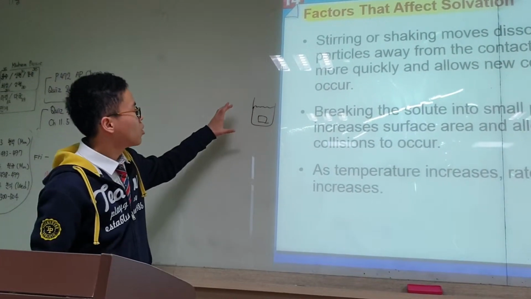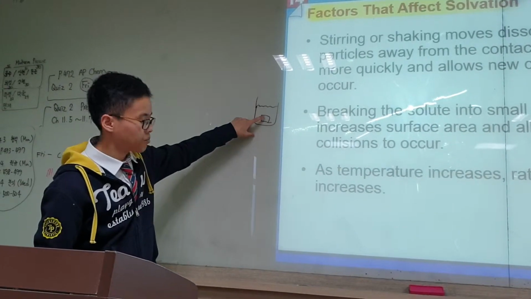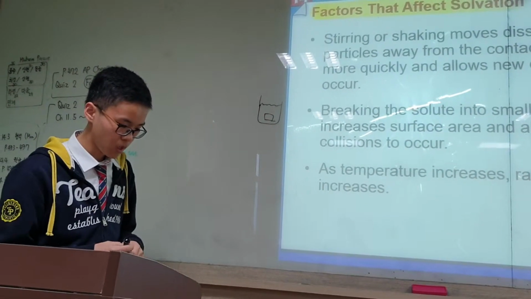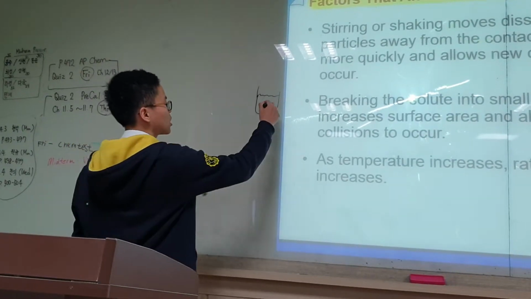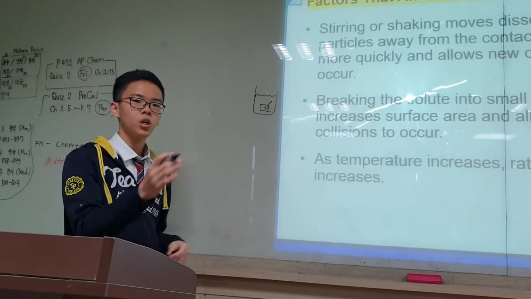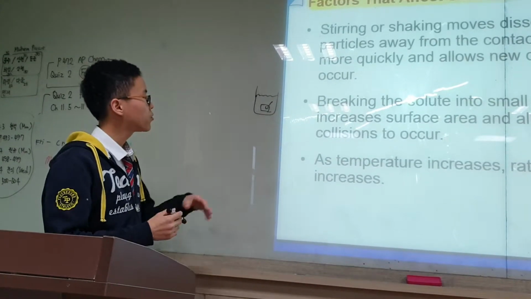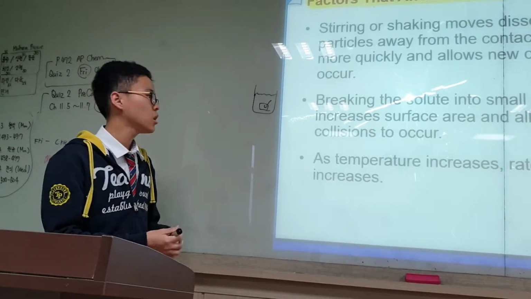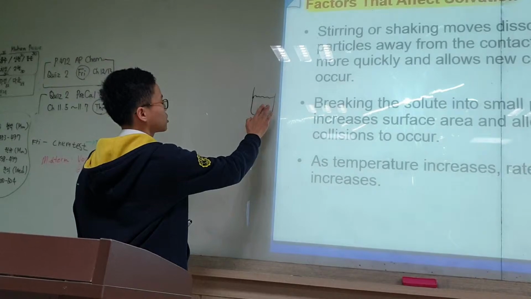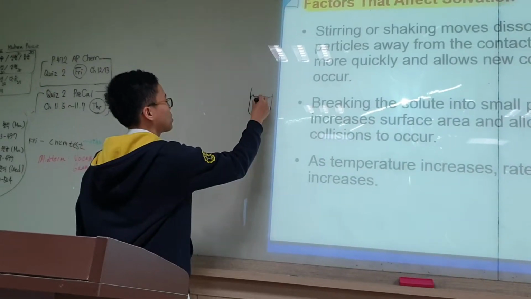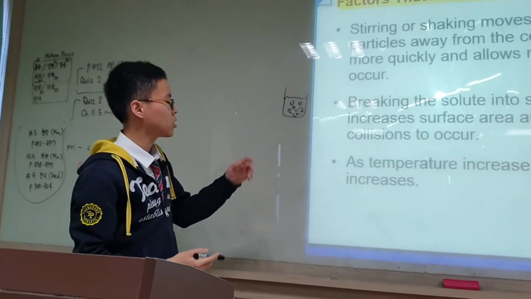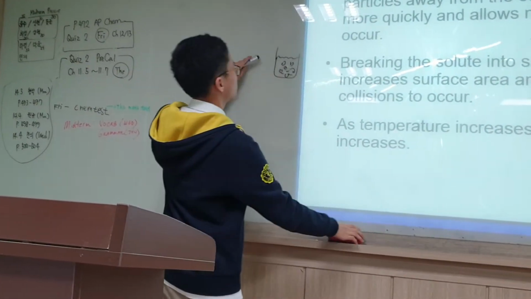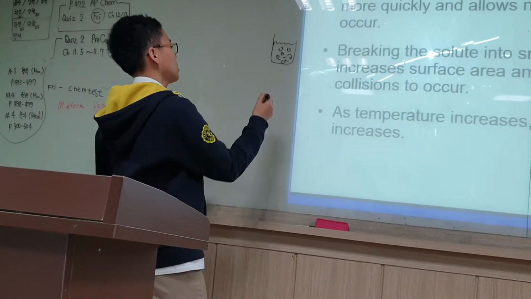When there's a big chunk of sugar, it's hard to go inside and start breaking it down. If we stir it around or shake it, it's going to spread out very easily. This is the first one, stirring and shaking.